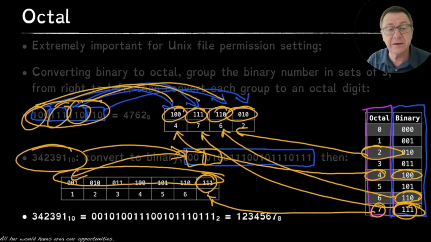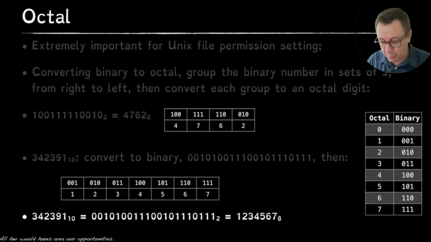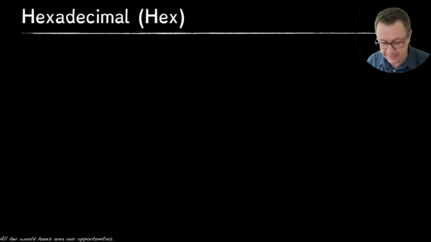Okay? And we ended up with 1 2 3 4 5 6 7 base 8. So 342,391 base 10 is equal to 1 2 3 4 5 6 7 base 8. I realise that's a lot to take in, but it's important that we're getting that, okay?